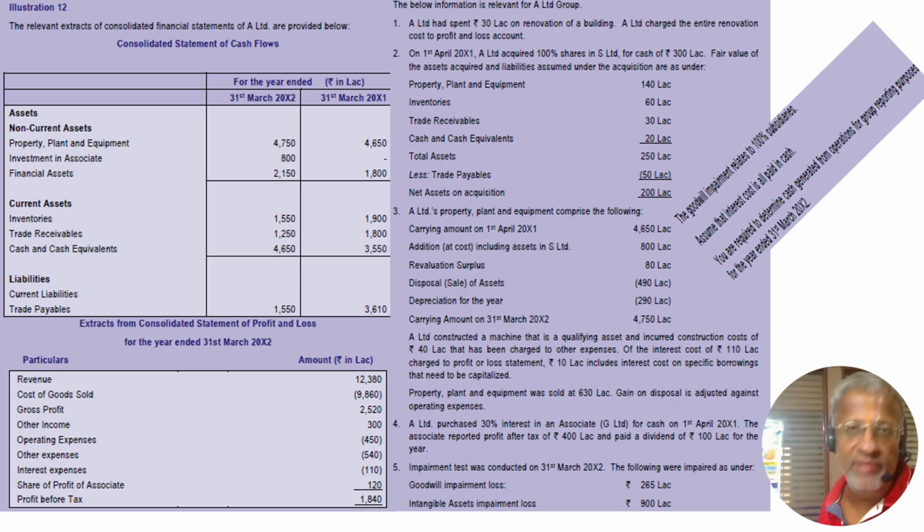Though I paid 300, I have included 20 from the subsidiary company. So the net effect is that I paid only 280. Therefore in our cash flow statement under investing activity, we will be taking up 280 as investment in subsidiary, the net of 300 what we have paid and 20 what we have taken.